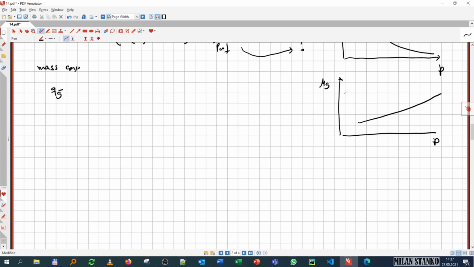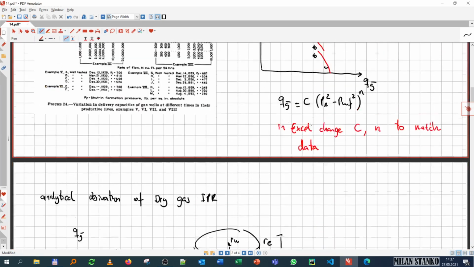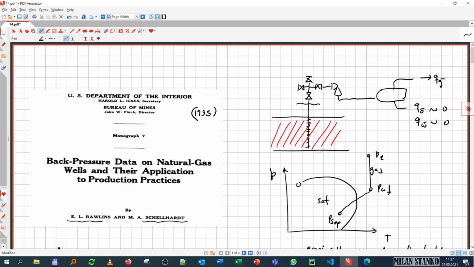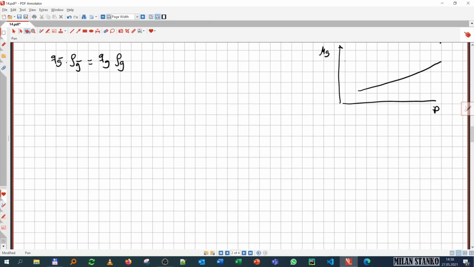So the rate of gas at standard conditions times the density of gas at standard conditions is equal to the rate of gas at local conditions times the density of gas at local conditions. That is simply saying that in our system, in our wellbore, whatever flow I have here, I should have mass conservation. Everything that is coming out here should be what's coming in here, at any point at pressure and temperature.